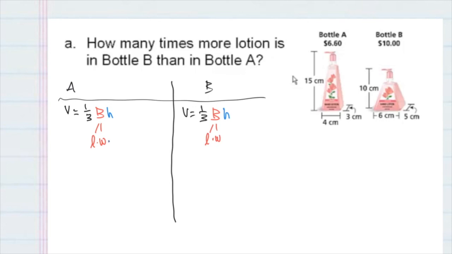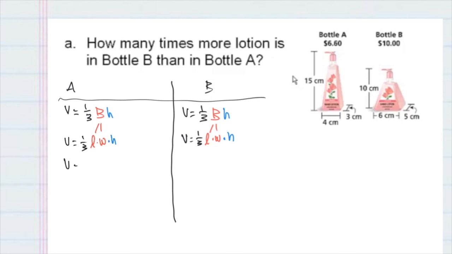And of course, we multiply that by the height. And because it is a pyramid, it's always 1/3 of the volume of what it would be if it was a prism. And now we're going to put in the numbers for each of the bottles.